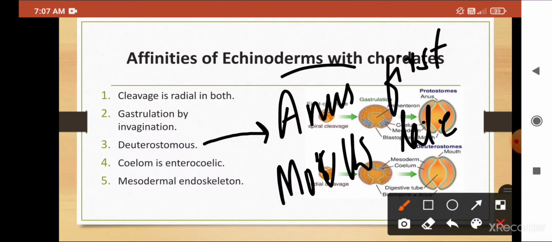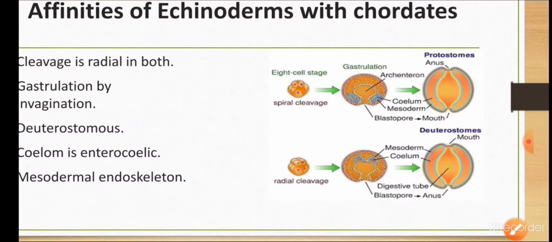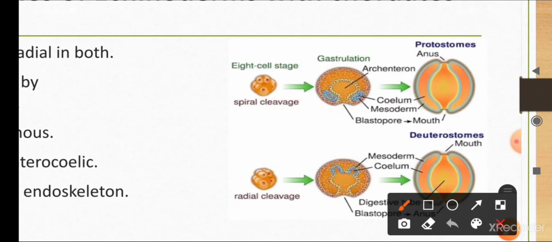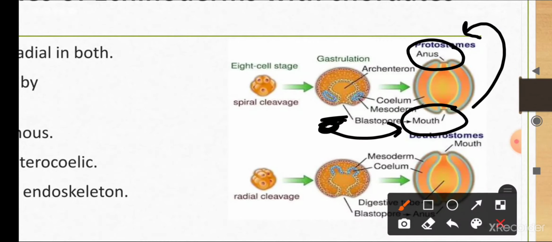The process in which the anus is formed first is known as deuterostomous. Here in this diagram, this is the mouth part and this is the anus part. If we look at the gastrulation where formation of the mouth occurs first, such kind of process is protostomous.